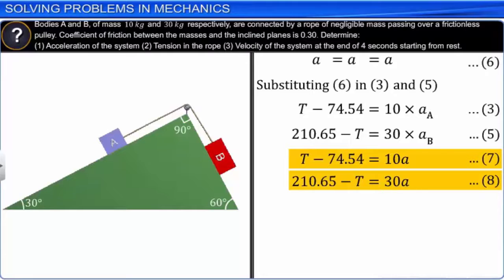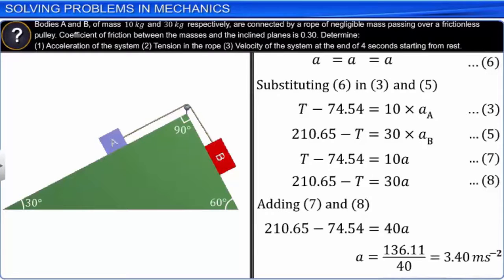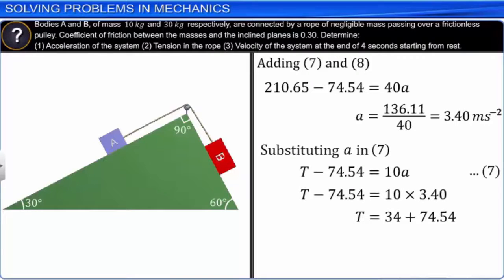Adding these equations and solving, we get acceleration as 3.4 meters per second squared. Substituting the value of a in equation 7 and simplifying, we get the tension in the rope T as 108.54 newtons. Now, we need to find the velocity at the end of 4 seconds.